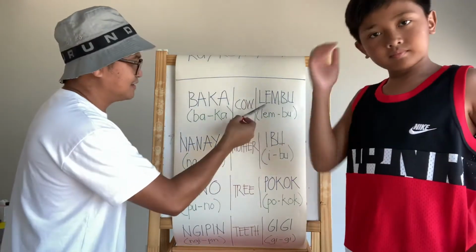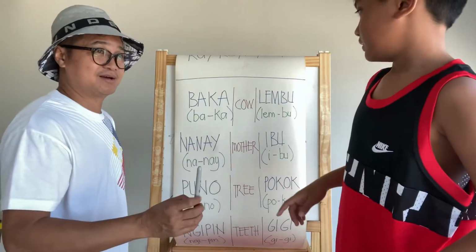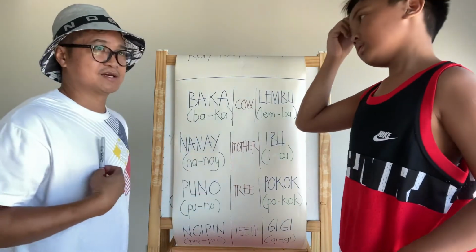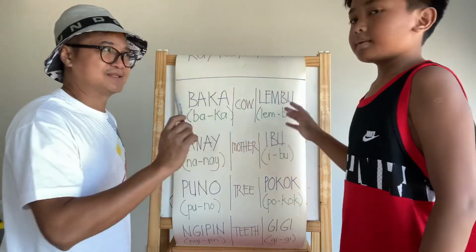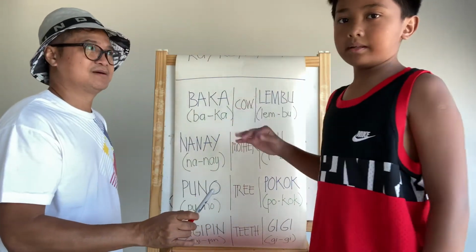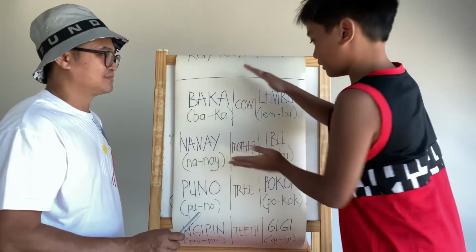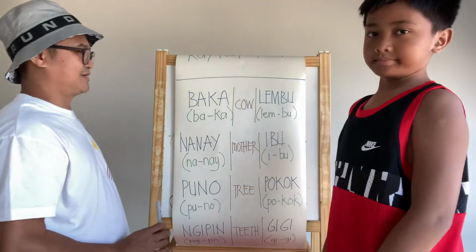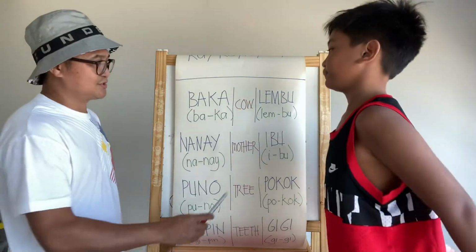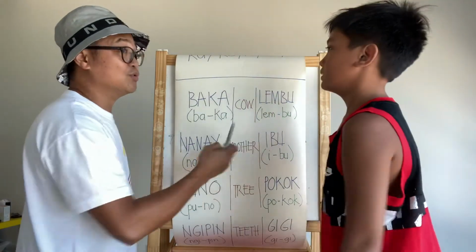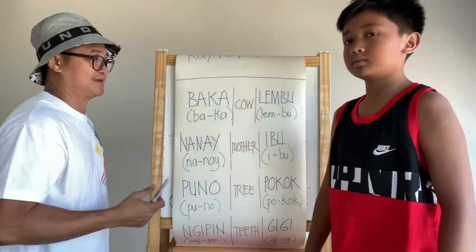Lembu. Like I said just now, there are some pronunciation differences. If Tagalog speakers read this, it will be lambu. It's the same thing, but every country has its own way of writing the word.